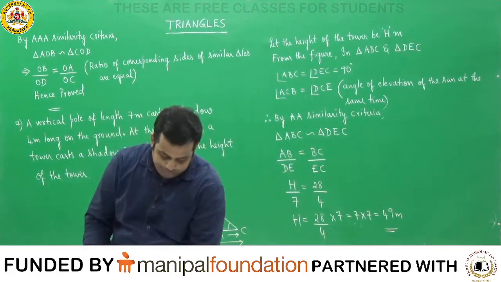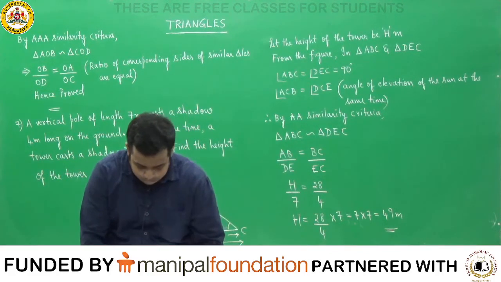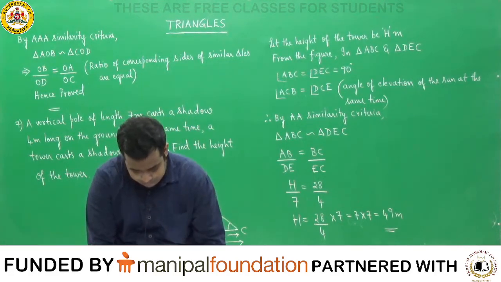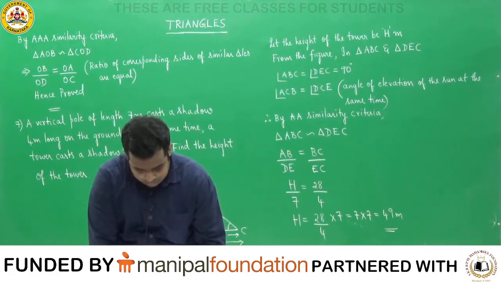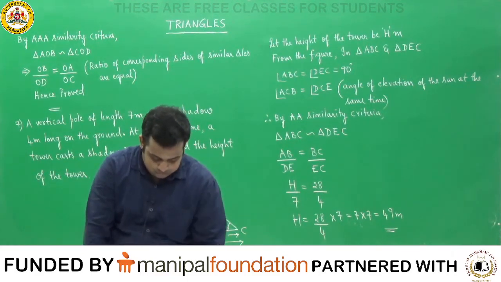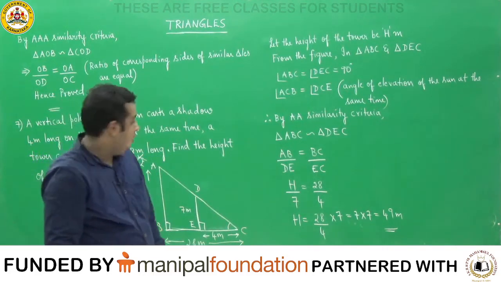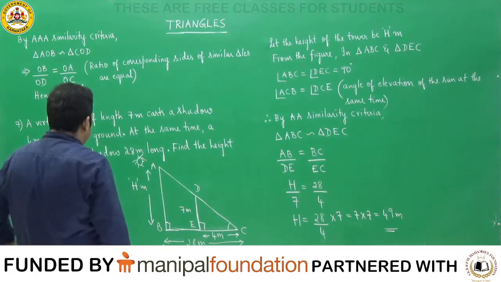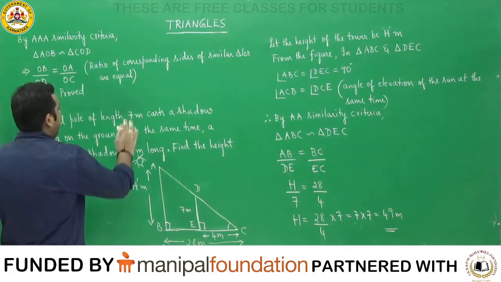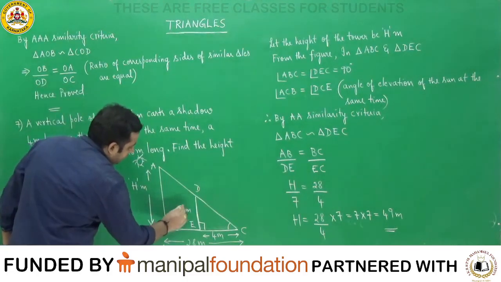Just a minute, I will verify your answer from the textbook. Actually, in the textbook the vertical pole is given as 6 meters. 6 meter is given in the problem.